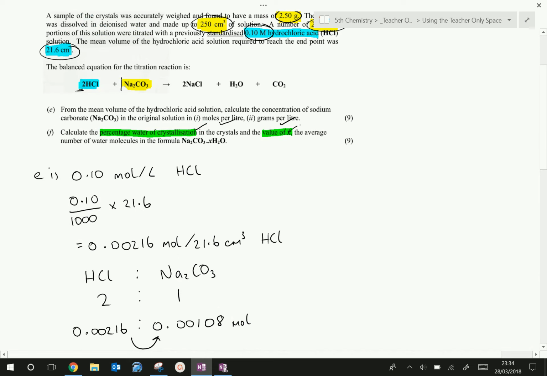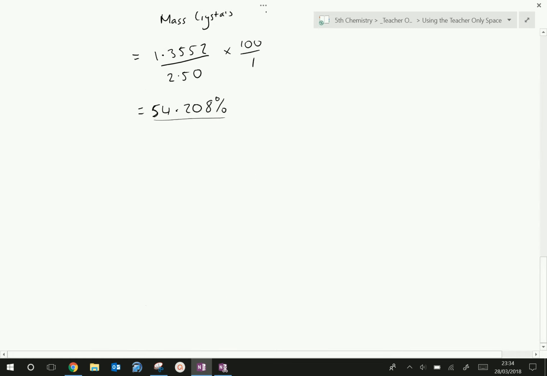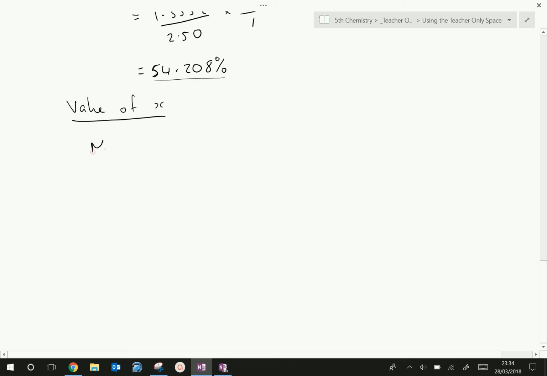Then to find the value of X, we have a formula that we can use. And you're best off learning this formula for your exam. The formula we use for the value of X is going to be the mass of water over the molecular mass of my water.